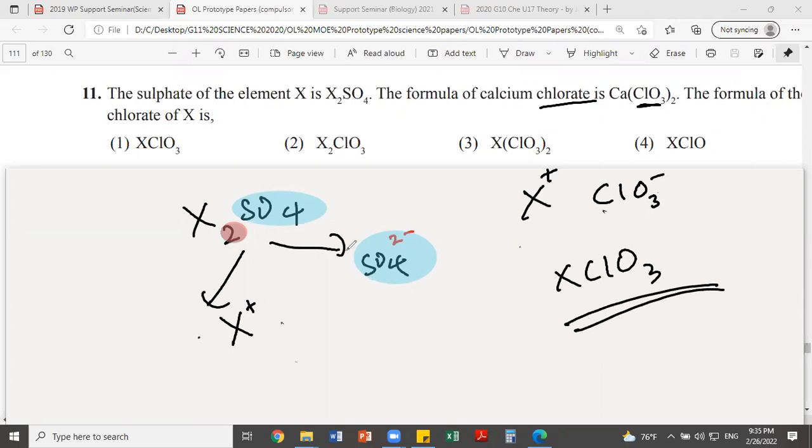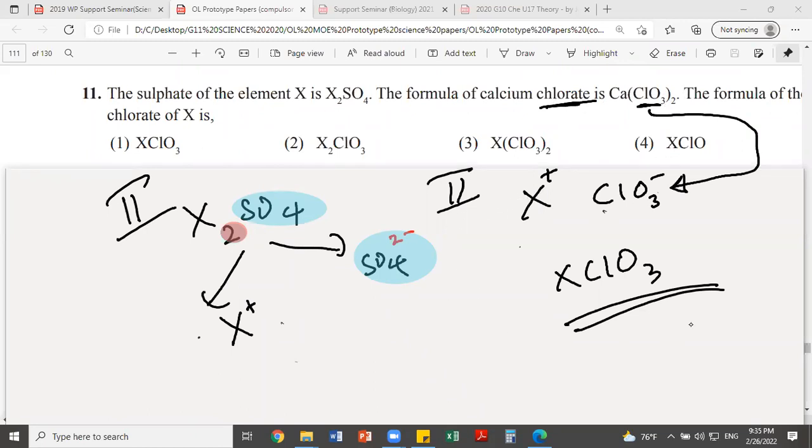First you have to get the charge of X and combine that with the chlorate. From where did you get chlorate? From the symbol given. Chlorate is ClO3 minus, not 2 minus, because this 2 belongs to the other side, calcium.